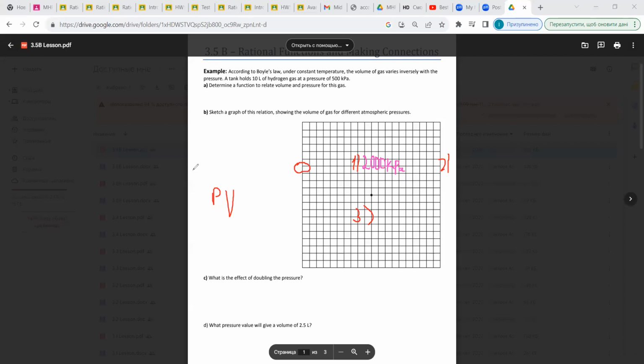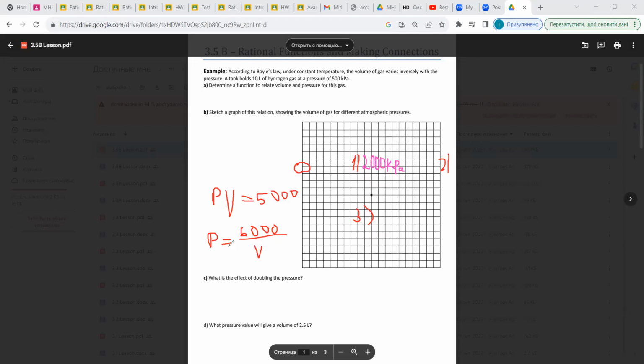So basically what we know is that P times V should be equal to 5,000, right? That's what we figured out at the beginning. Now to show how pressure changes with respect to volume, pressure equals 5,000 divided by volume.